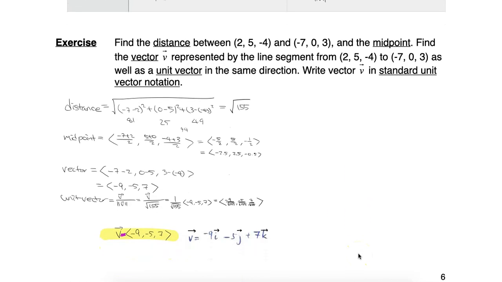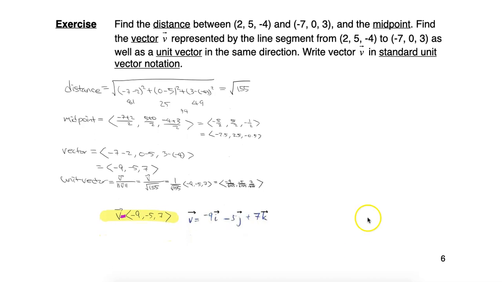So we can practice these things with an exercise that has several of these concepts. The distance between these 2 points, we will use the distance formula right there. To find the midpoint, we just use x1 plus x2 over 2, y1 plus y2 over 2, z1 plus z2 over 2.